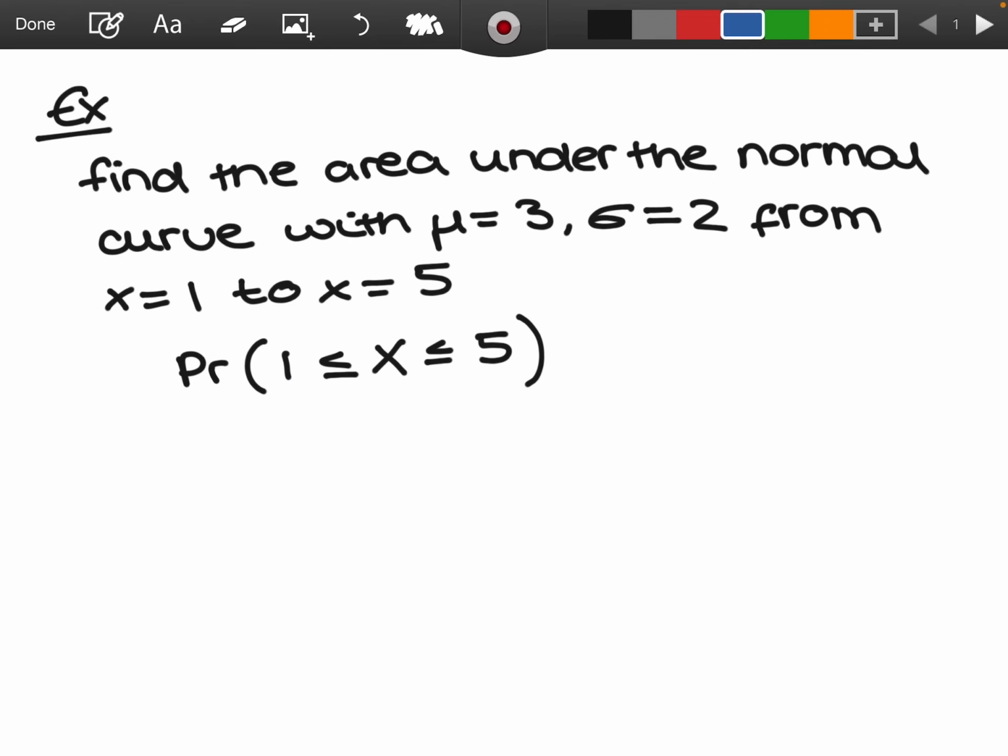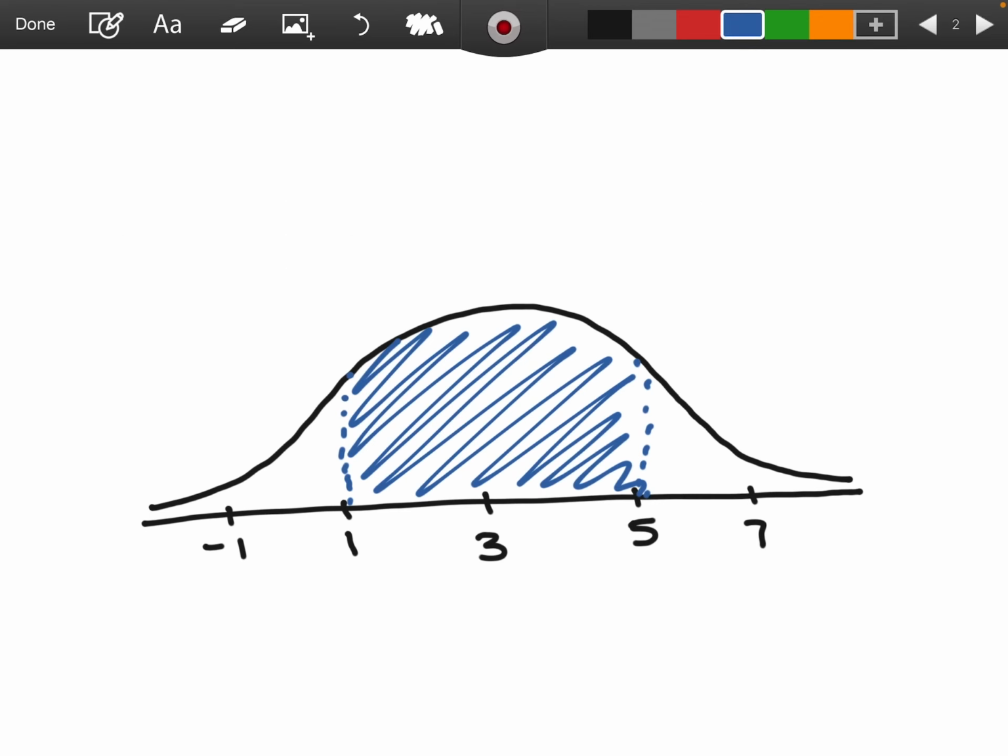So you should already realize here that the problem has asked, what's the probability that I'm between 1 and 5? Well, 1 and 5 are one standard deviation either side of your mean of 3, because you've got a standard deviation of 2. So we know that our answer should be roughly 2/3. 0.66 is a rough guide. We know that that's roughly what we should be looking at here.